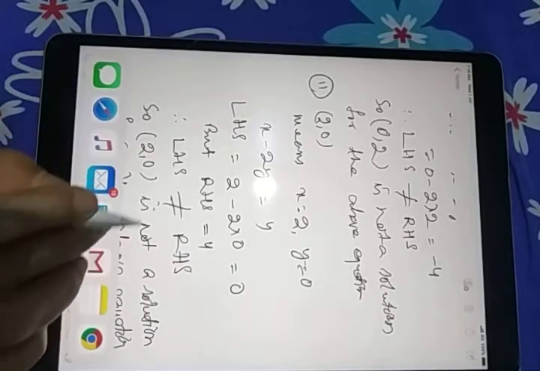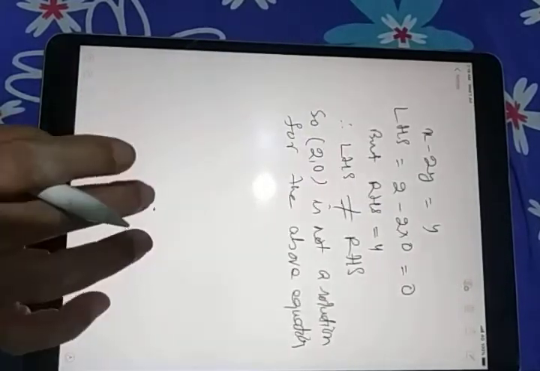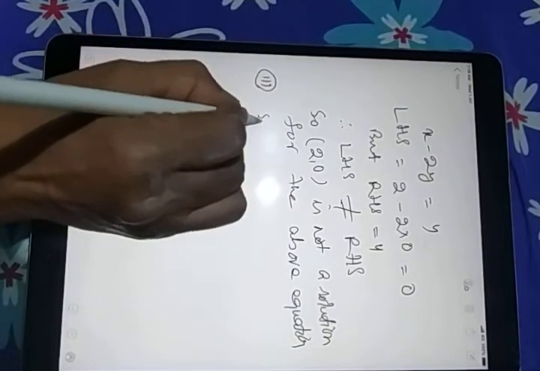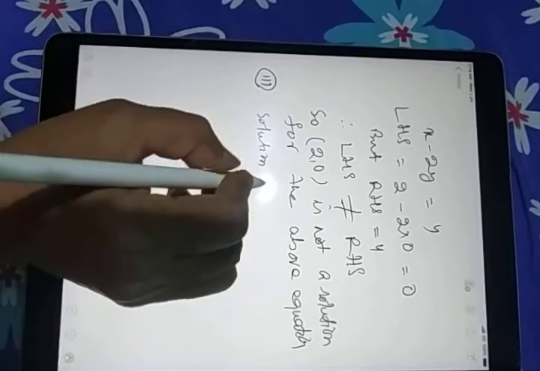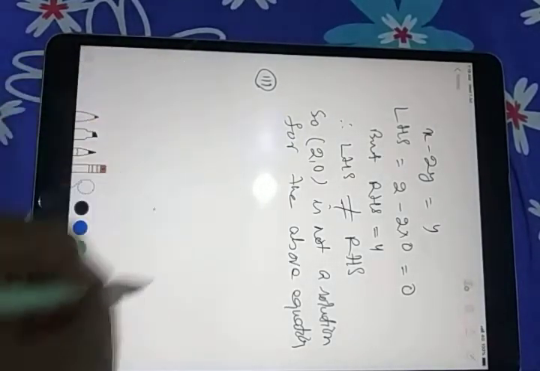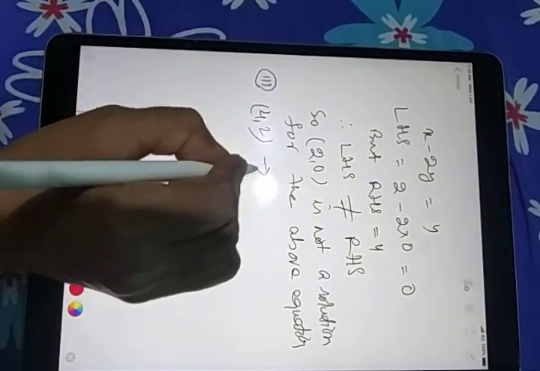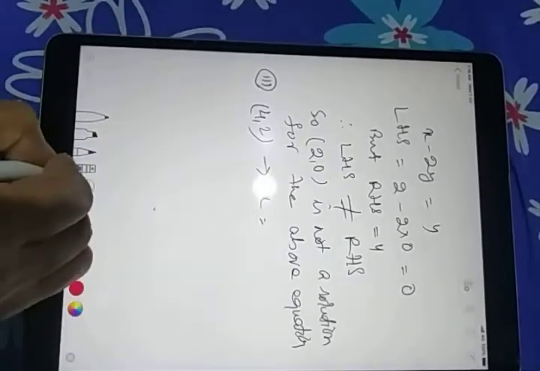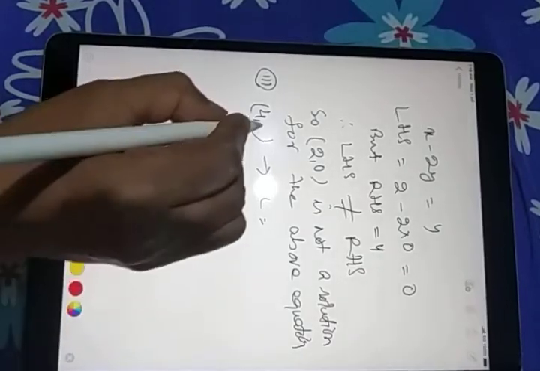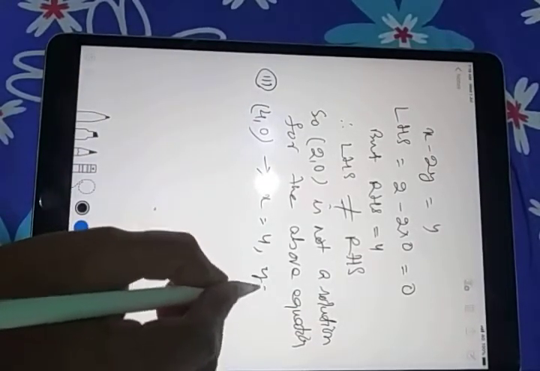Now part 3, (4, 0). This means x equal to 4, y equal to 0.